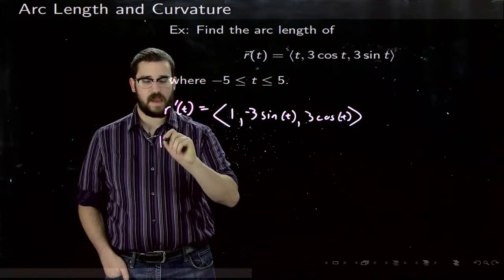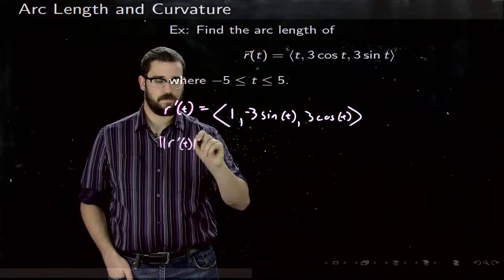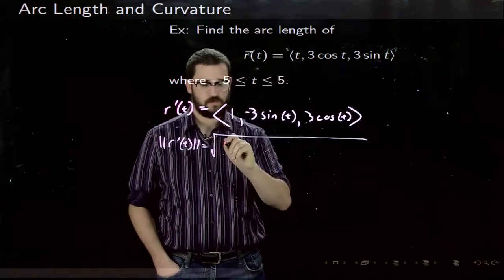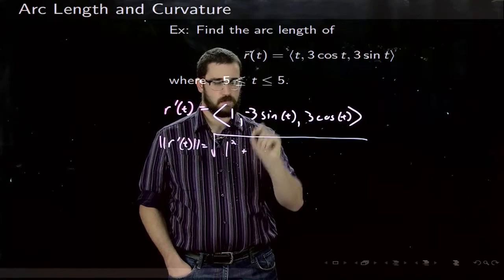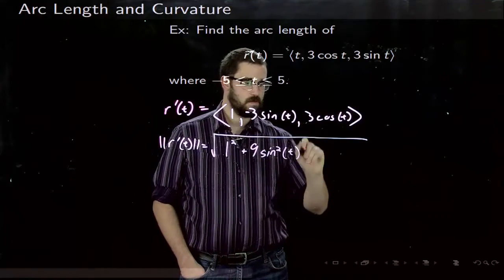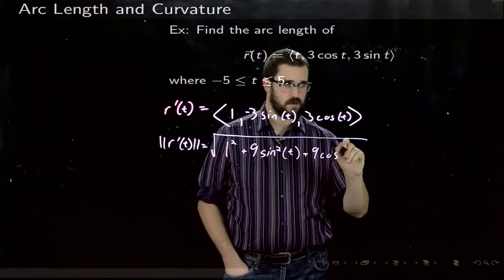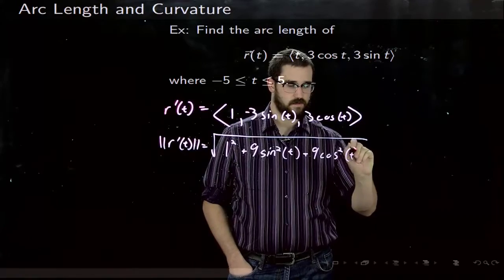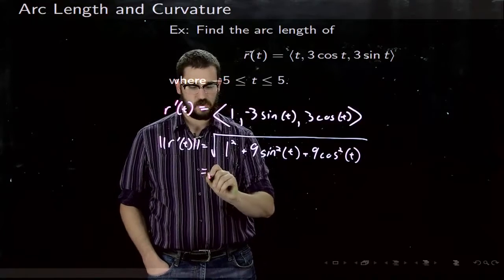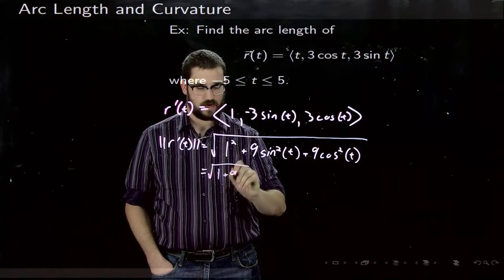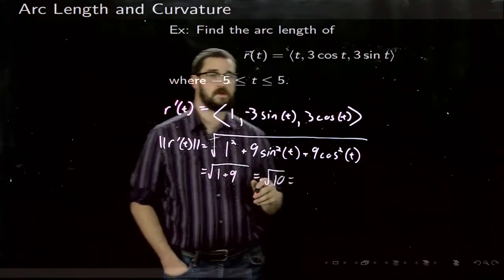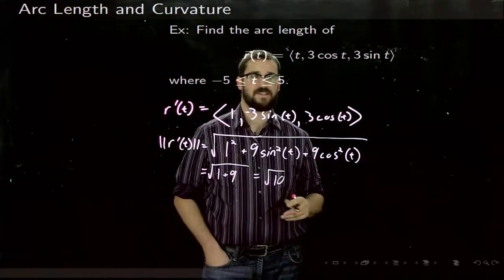Now we just need to find the magnitude of r prime of t, which let's do by the square root of 1 squared plus 9 sine squared of t plus 9 cosine squared of t. Well, that turns out pretty nicely because we get the square root of 1 plus 9, which is the square root of 10, which is a pretty nice function to deal with.